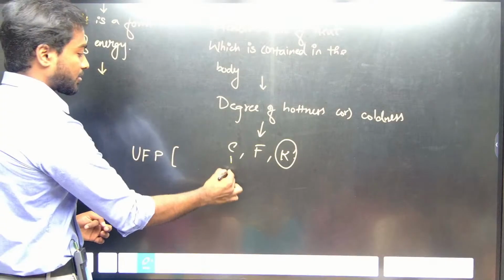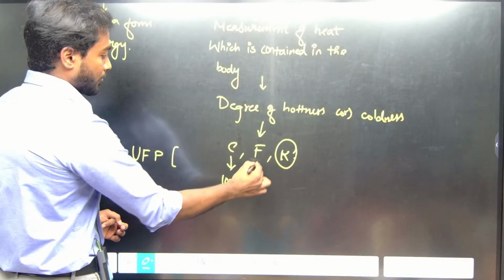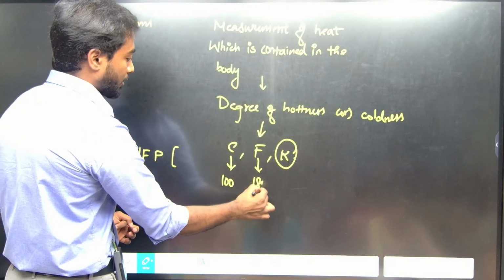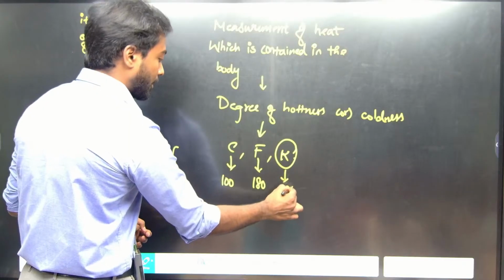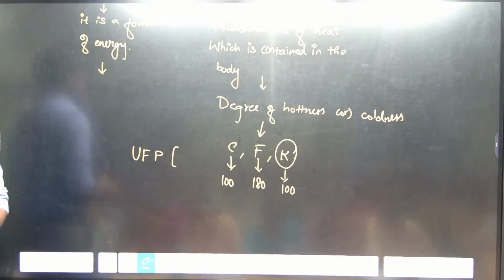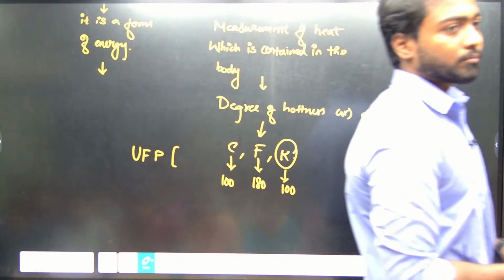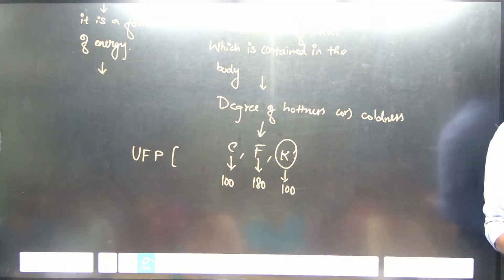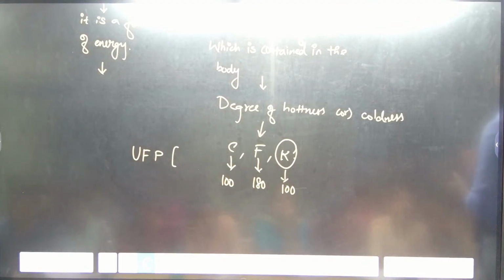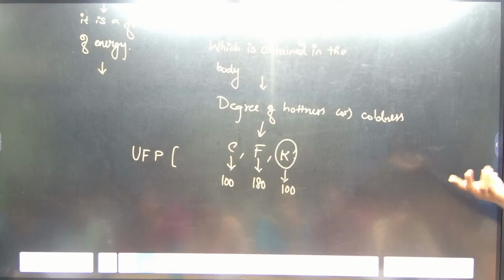For Celsius it is 100, for Fahrenheit it is 180, and for Kelvin it is 100. Divisions are nothing but the upper fixed point minus the lower fixed point.